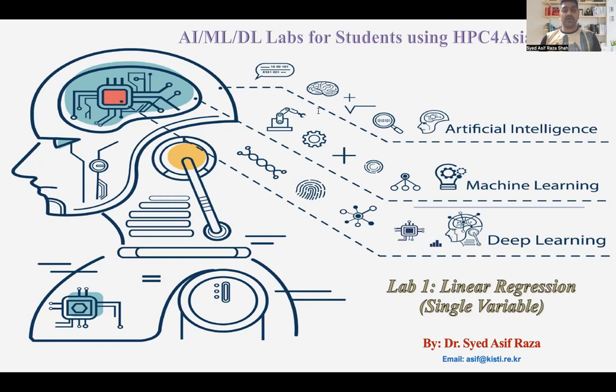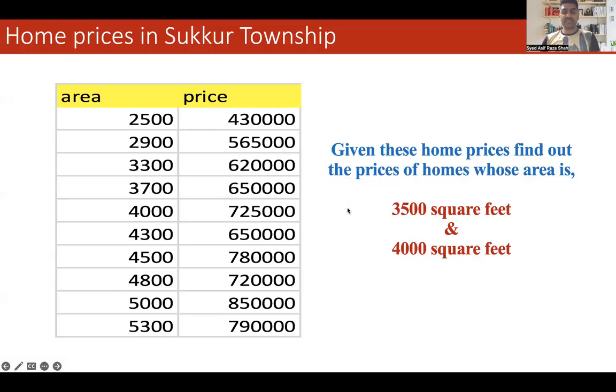So in this lab, here you can see, I have the following table, and I have home prices based on the areas. Let's suppose this is related to my hometown, and in my neighborhood in Sakhar township there are lots of homes.